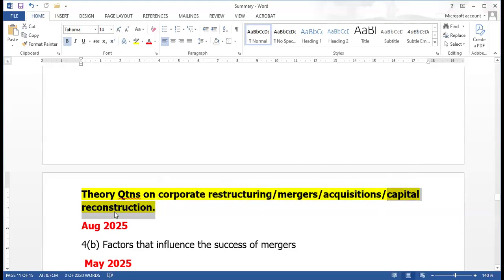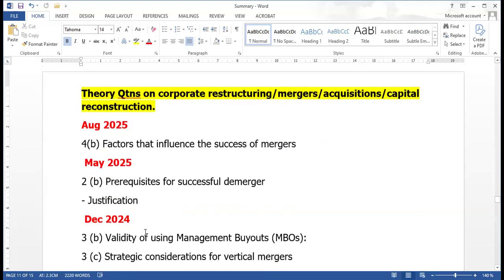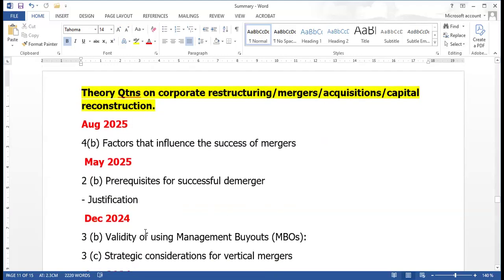Capital reconstruction is where you are trying to rearrange your capital in different ways. It is a financing strategy that instead of financing our entities using equity, we can use debt, or instead of focusing on debt, we can focus on equity.